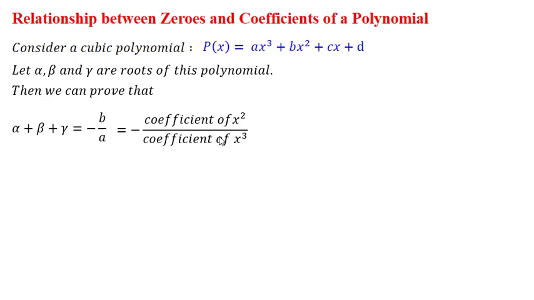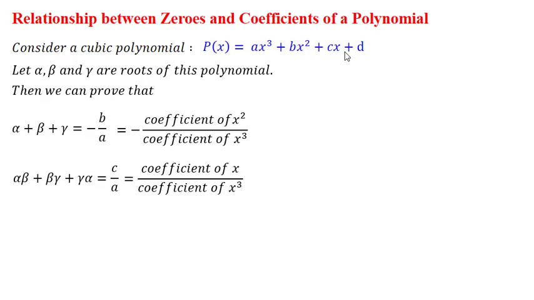The first relation is the sum of zeros, which is minus b by a. The second relation is the product of two zeros at a time, that is alpha beta, beta gamma and gamma alpha. There also I have the sum of these products, and this is equal to c by a, that is the coefficient of x upon the coefficient of x cube.